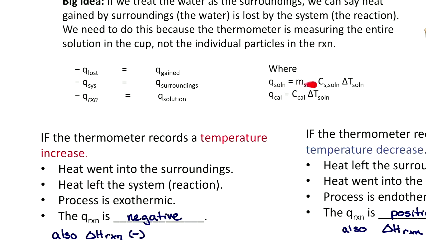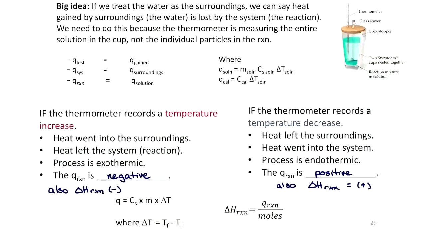And then we will use these Q equals mcΔT or Q equals heat capacity times delta T calculations for these different Qs. So the idea is the reaction will either release or absorb heat. We are monitoring that by monitoring the temperature of the surroundings.